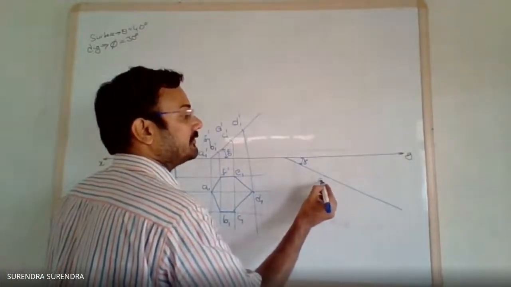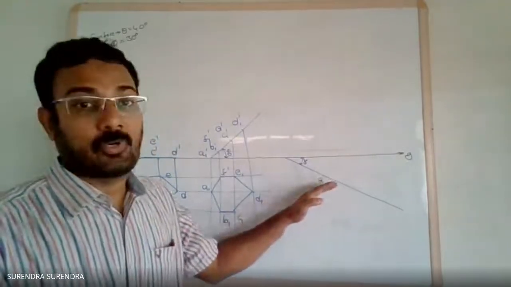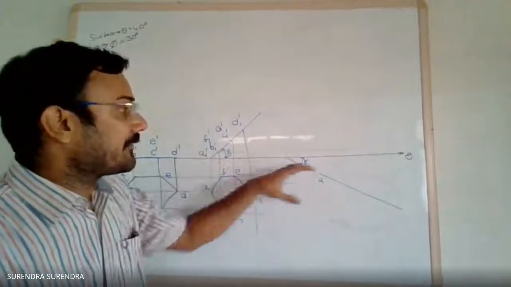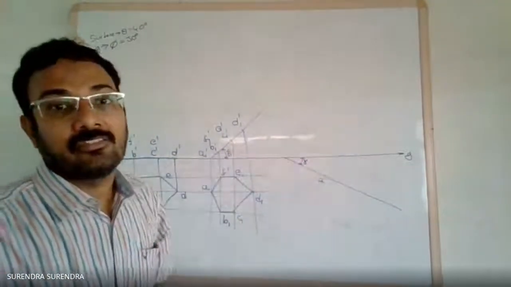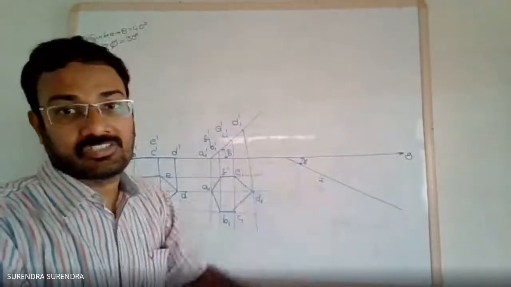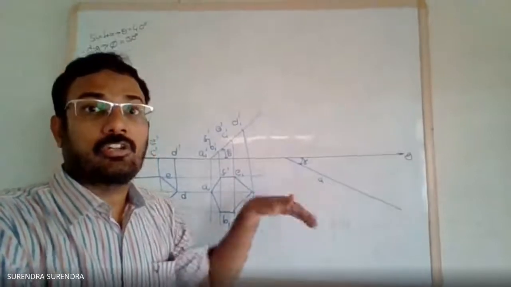Be careful. If you mark this point nearer to the XY line, you will get a part of the hexagon overlapping with the XY line or crossing the XY line. It should not cross or overlap the XY line.